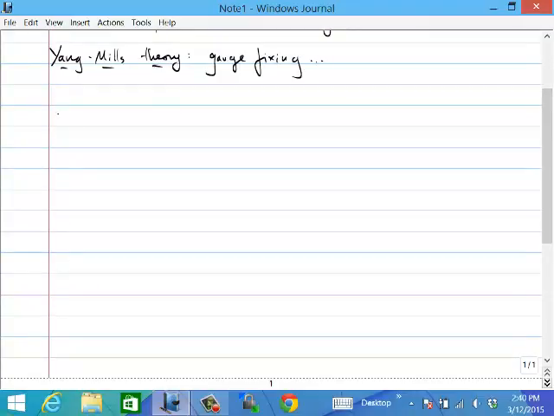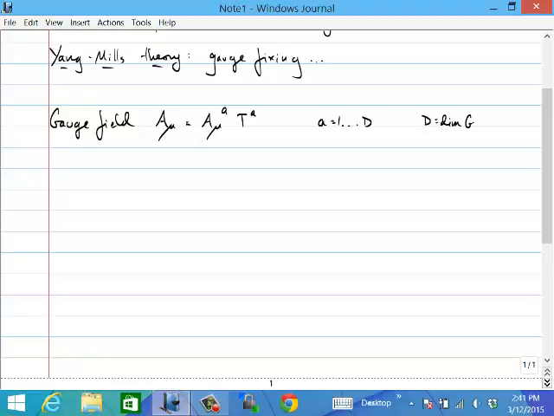So the basic degrees of freedom of Yang-Mills theory are the gauge field, which is a vector field A_mu that is represented by some N by N matrix. So we can think of this as a collection of vector fields labeled by an index a, where we expand the gauge field in this basis of generators T^a, and a is an index that runs from 1 up to D, where D is the dimension of the gauge group.